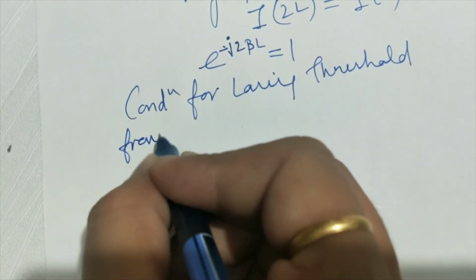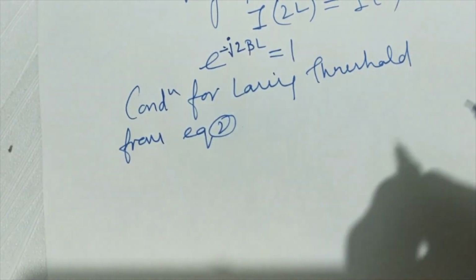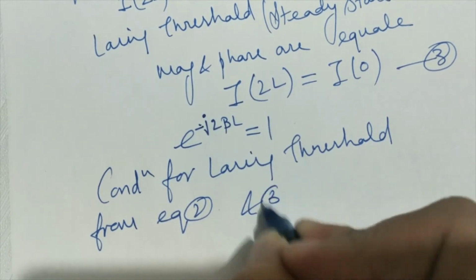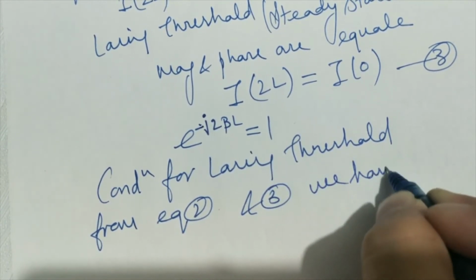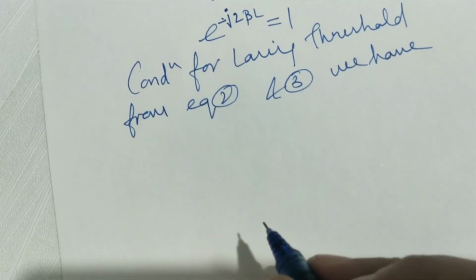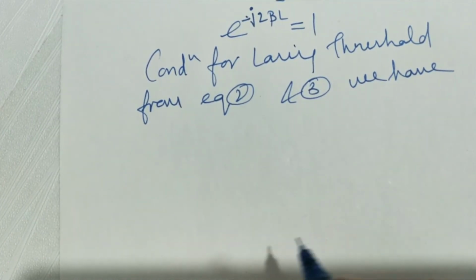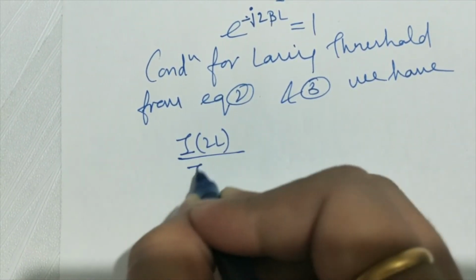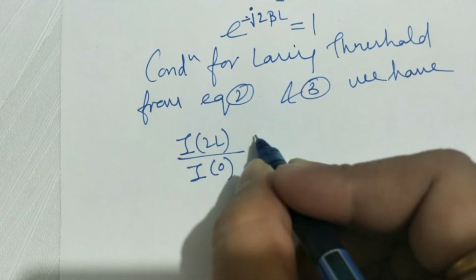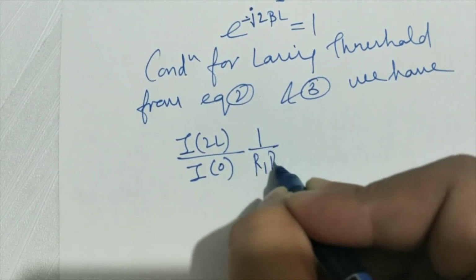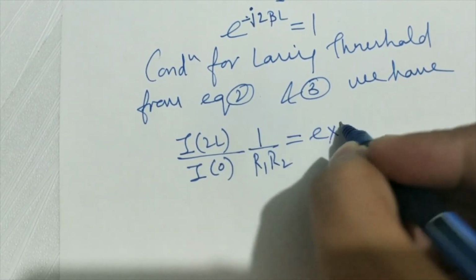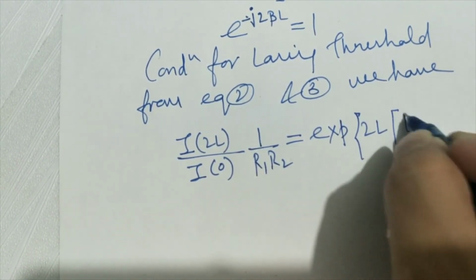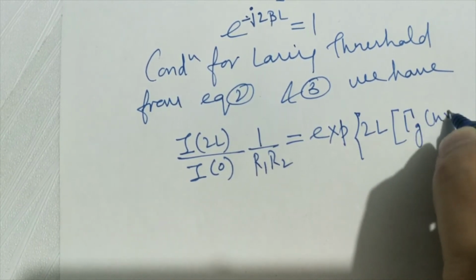From equations 2 and 3 we have I 2L divided by I naught, which is 1 upon R1 R2, equal to exponential of 2L times gamma alpha bar.